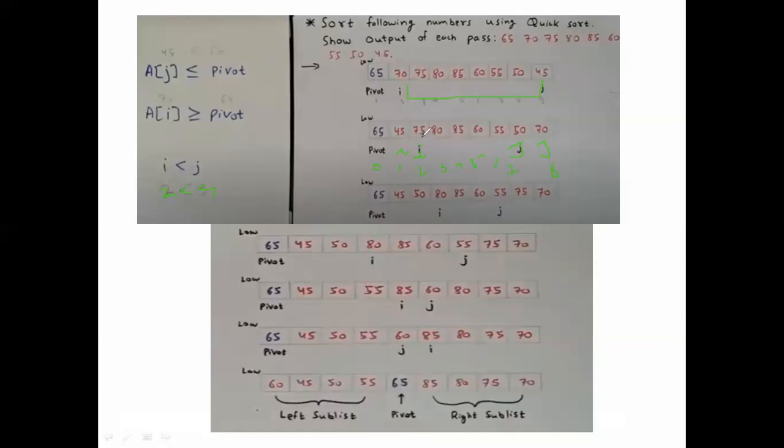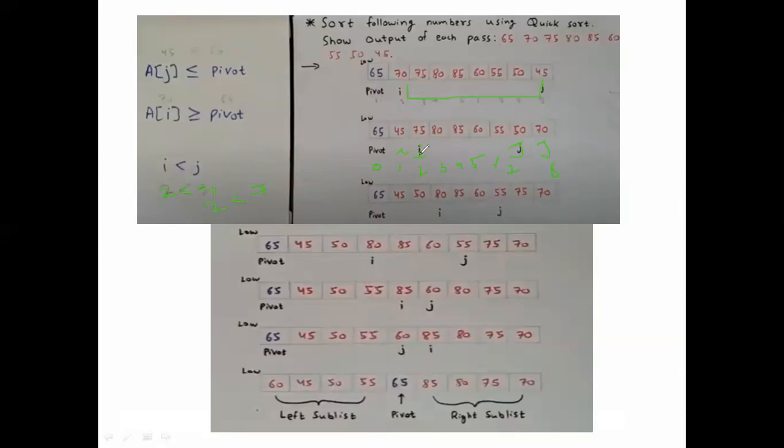So here the i value is 2, and 2 is less than the j value 7. So the condition is true, so swap the i and j values.